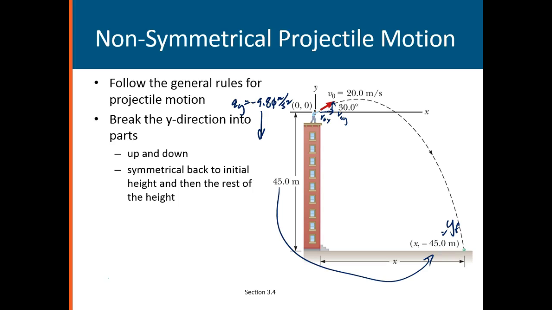The short leg of a 30, 60, 90 is always exactly half of the hypotenuse, because the sine of 30 is 0.5. So what would that make V sub y? 10.0 meters per second.